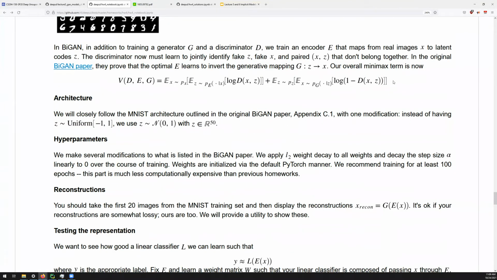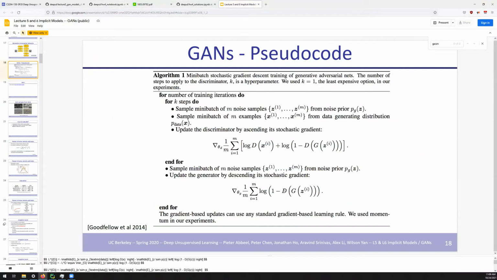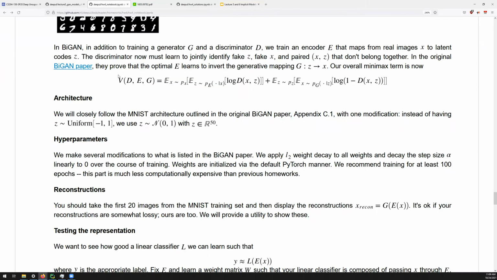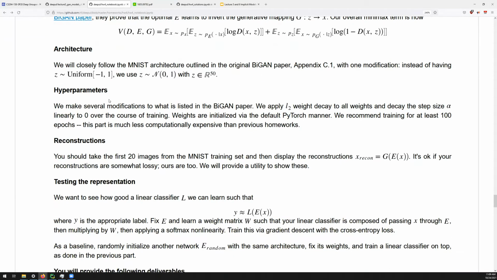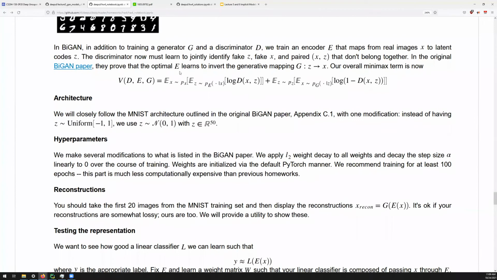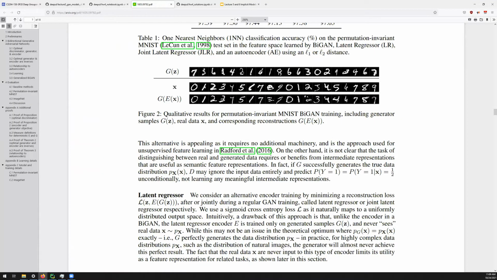It should be pretty similar to GAN, but they didn't give the loss function for the other side. In GAN, the generator has a slightly different loss function, and they don't give it here. Then there are some architecture details. They talk about the BiGAN paper, but it doesn't list an algorithm itself.